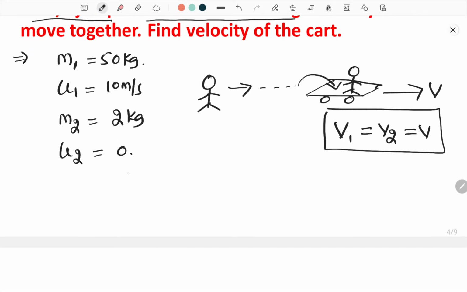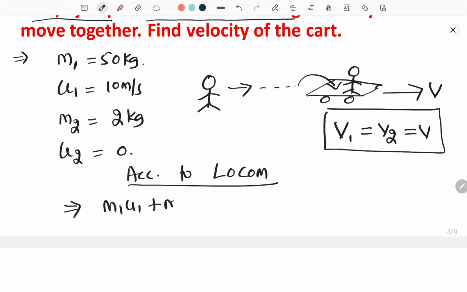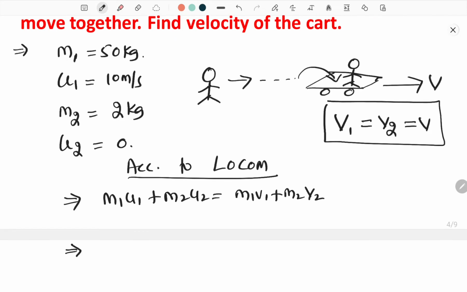Now we have to apply the law of conservation of momentum. It says m1 u1 plus m2 u2 is equal to m1 v1 plus m2 v2. Just substitute the values. m1 is 50, into u1 which is 10, plus m2 which is 2 into u2 which is 0, and again m1 is 50 into v1, which is v, plus m2 which is 2 kg into v2, which is also v.